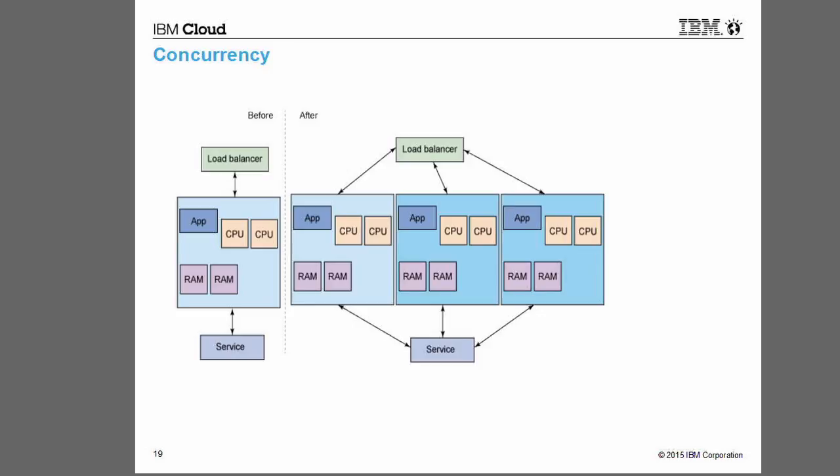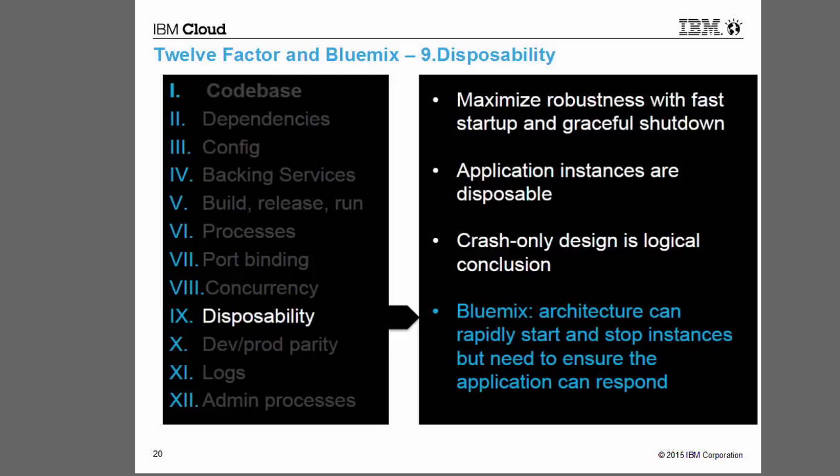The Bluemix auto-scaling service automatically increases the instances of the app based on the volume that is being sent to an application. So this service helps reduce the problems of concurrency if there are lots of high-volume transactions.